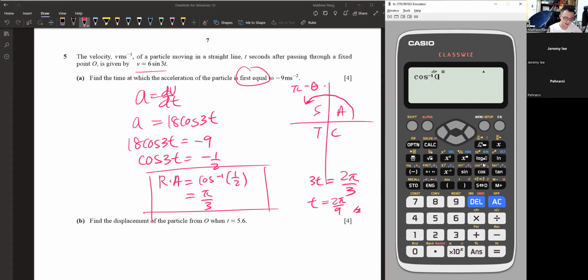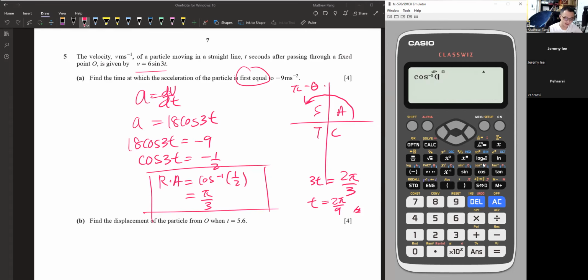But this only applies to cos. Because for sine, if I type shift sin of −1/2, they give me a negative angle, which is not what we want. So for sine and tangent, you cannot straight away type in the calculator, but cos you can.